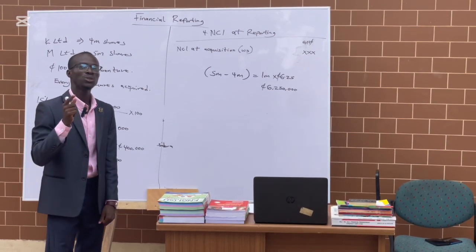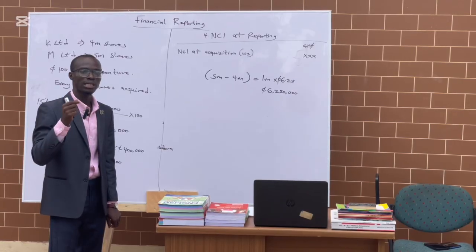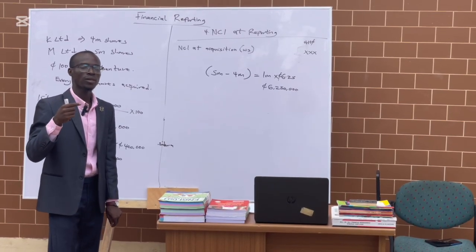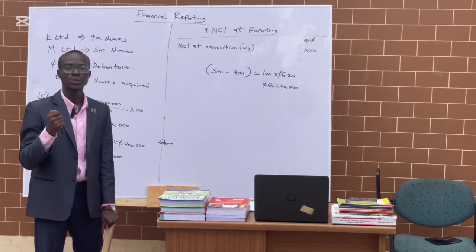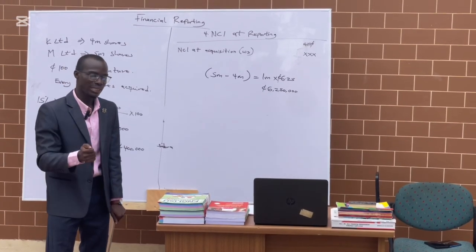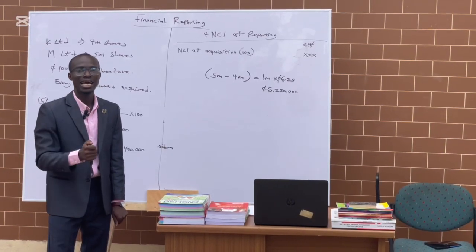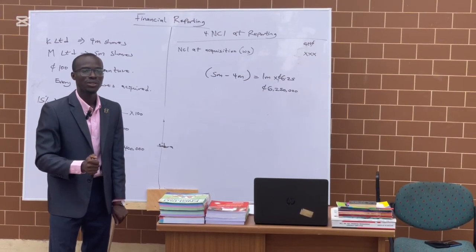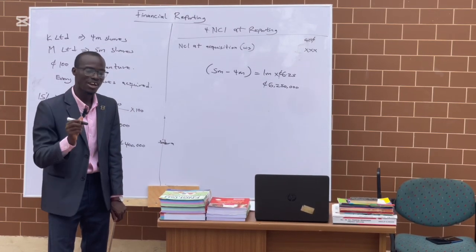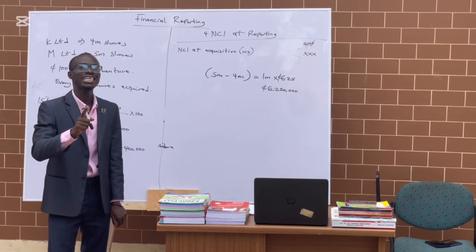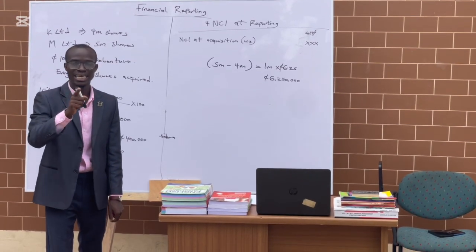Therefore, when you are doing your calculation, or you read the question and realize there is impairment in goodwill, you should note that anytime the parent values the NCI through fair value, if there is any impairment in goodwill, it is supposed to be shared between the parent and the subsidiary.